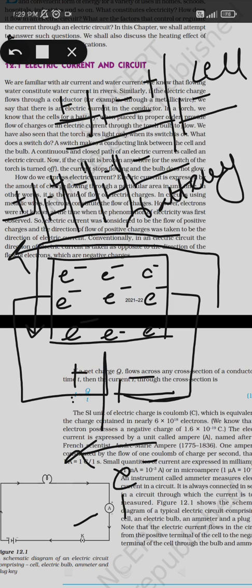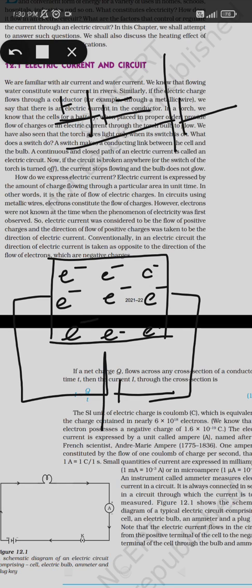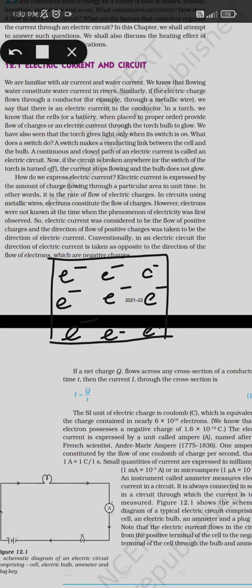The number of charges that flow in 1 second, or per unit time, along a conductor or a metal piece is considered the current or electricity. Okay, got it? And the direction of current is always opposite to the direction of the electrons, and in the direction of the positive charges.